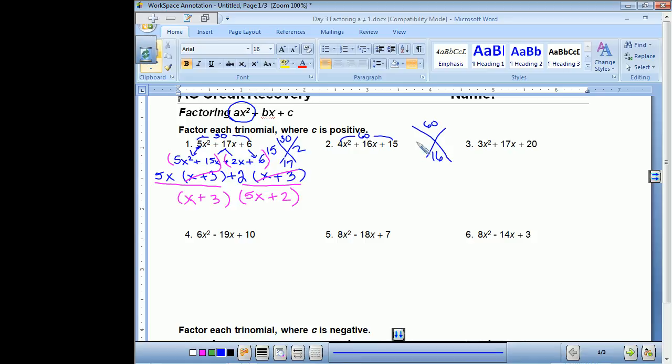So it's a positive 10 and a positive 6. So this 16 is going to split into 10x and 6x. Your teachers probably called this term splitting last semester because we're taking that middle term and we're splitting.